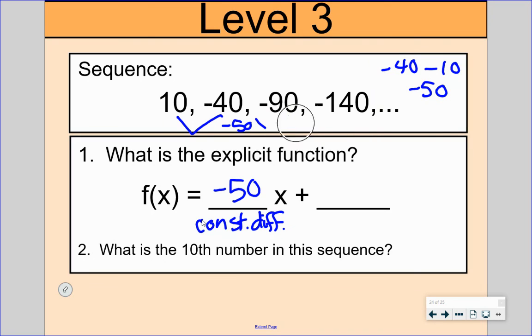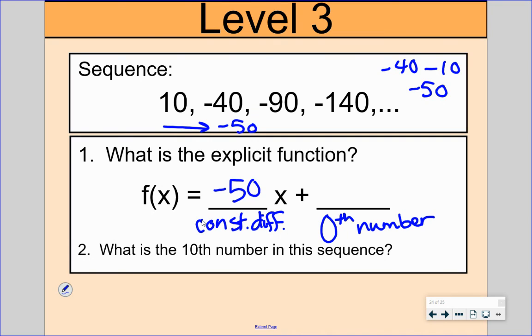All right, we now need to figure out our 0th number, the number before our first term in the sequence. If our constant difference going this direction was adding -50, we want to work backwards.